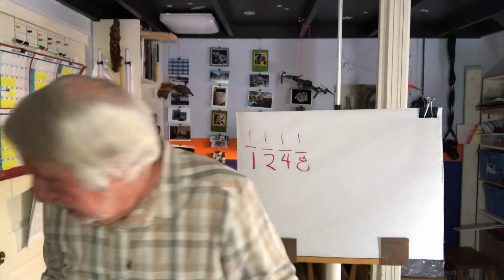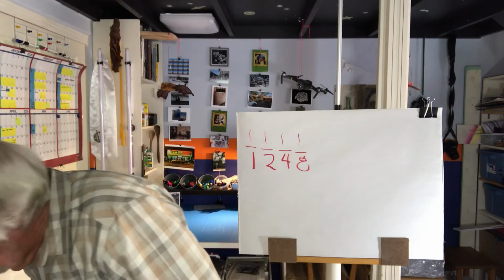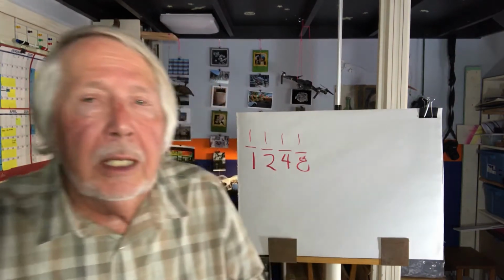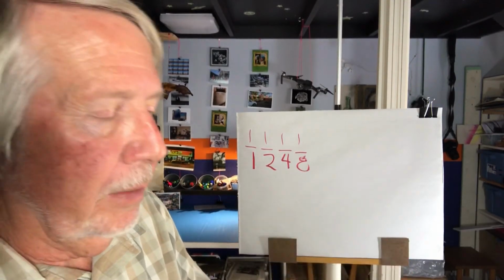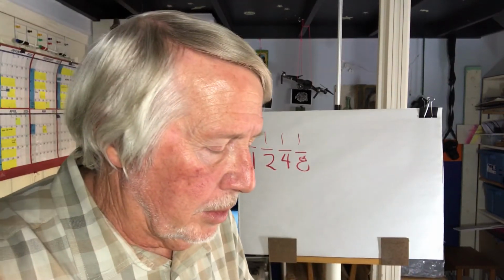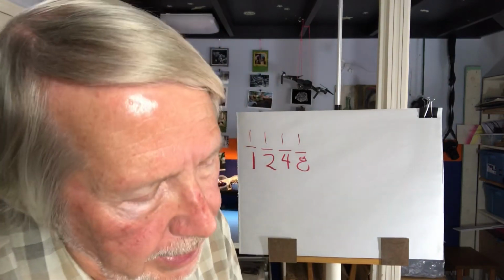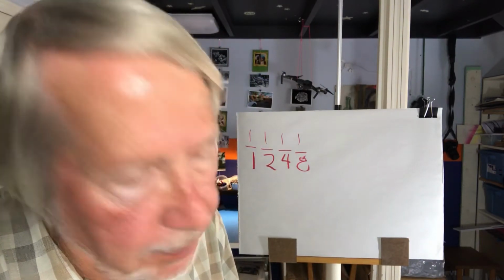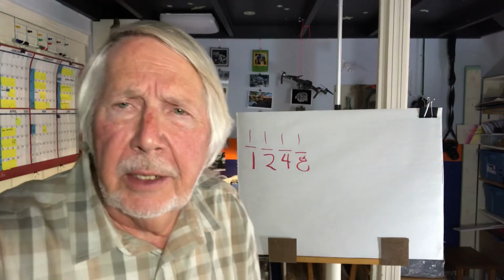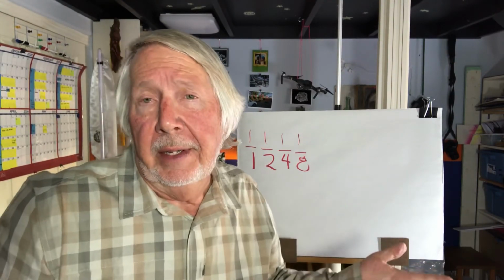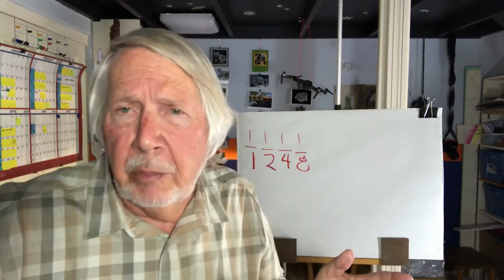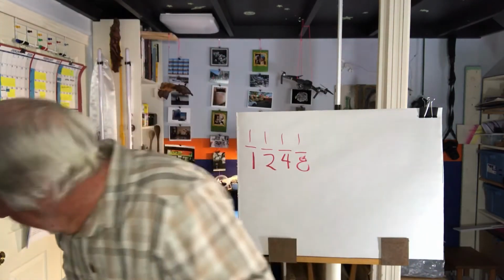Okay, so now I pick up my camera and I look at the other end of the scale, and if I turn it around, I will see 1,000, 500, 250, and 125. It's the same pattern, right? It's halves.